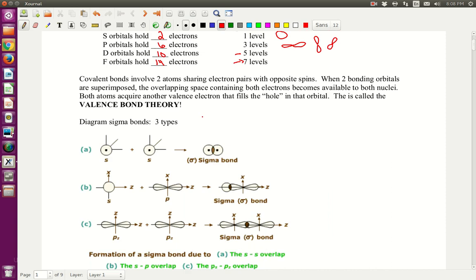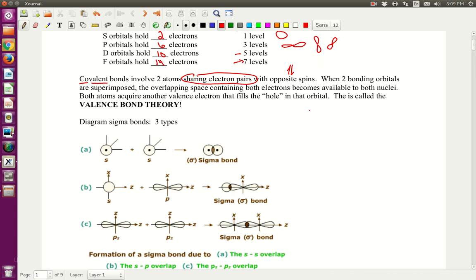Now, covalent bonds. Remember, covalent is sharing, and they're sharing the valence electrons. Covalent bonds involve 2 atoms sharing electron pairs with opposite spins. So remember, we saw some spin up and some spin down in the electron configuration, and we're going to review that here too.